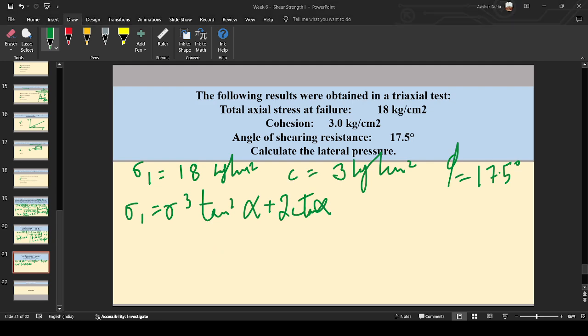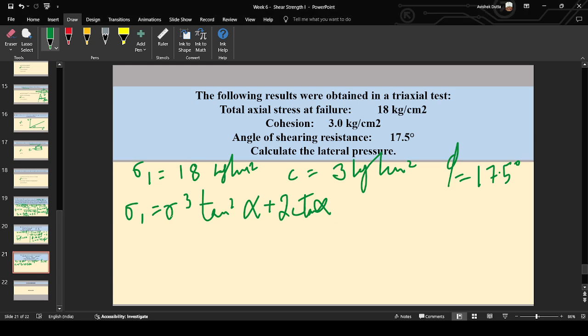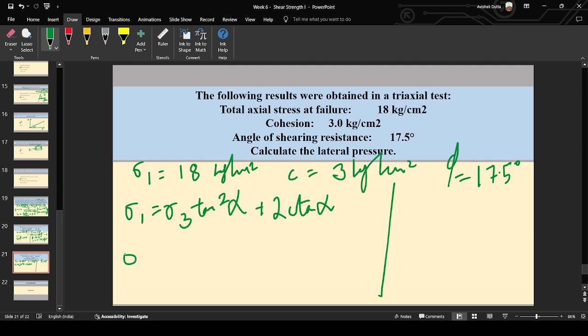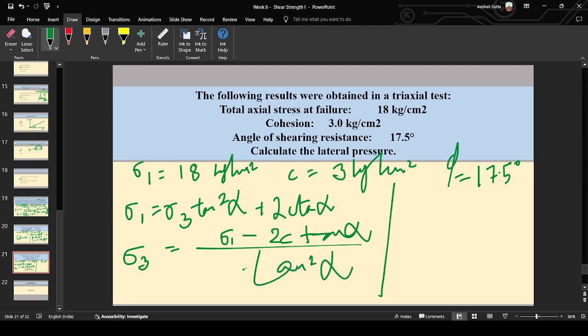So from here, rearranging this equation, I will get the value of σ3. It will be the ratio of σ1 minus 2c tan α divided by tan² α.